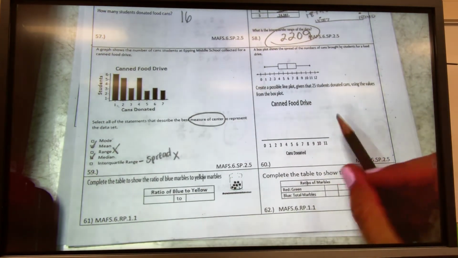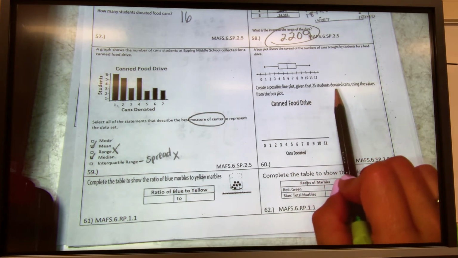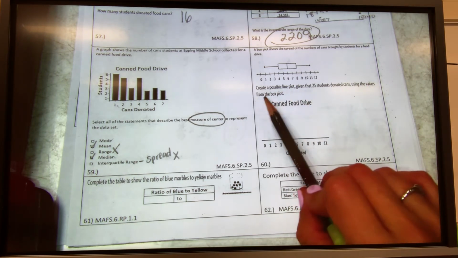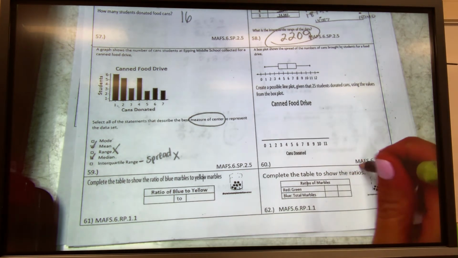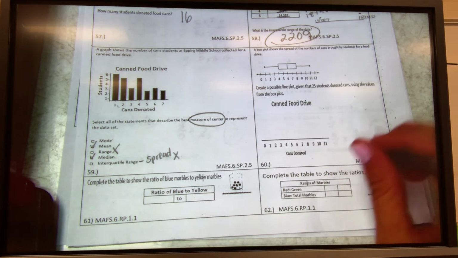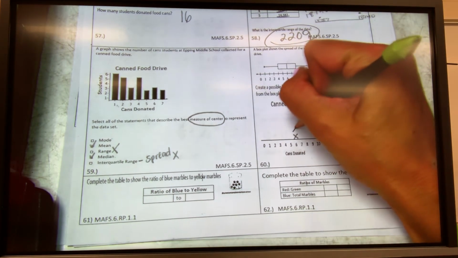Number 60. It says create a possible line plot given that 25 students donated cans using the values from the dot plot. Well, in this one, this is a little tougher. You know that your median has to be 6, and you can only have 25, so this one has to be the tallest.